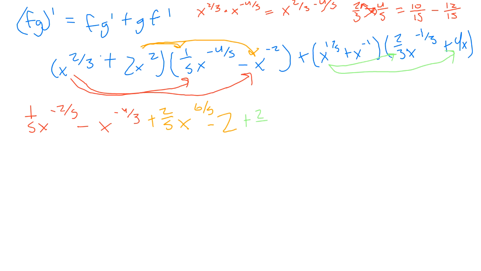We get x, so we get 1/5 minus 1/3. So over here we're going to get 1/5 minus 1/3, and that is going to be, once again, a common denominator of 15. When we cross multiply, we get 3 and 5, which is just going to leave us with negative 2/15.